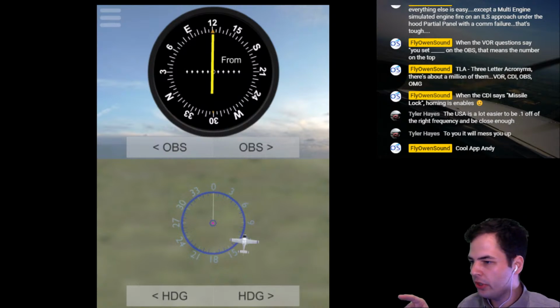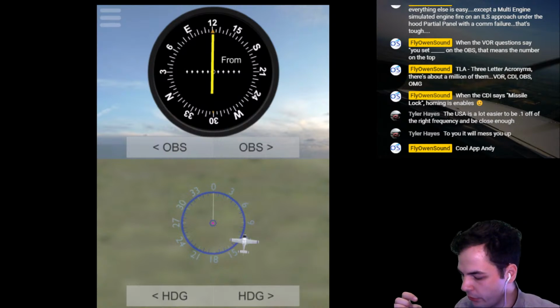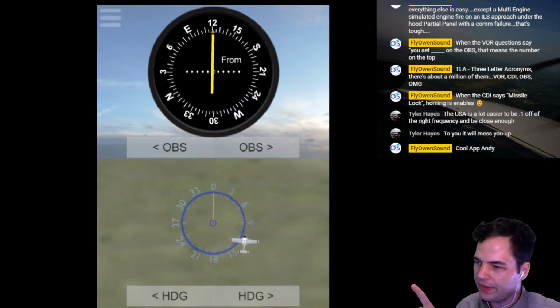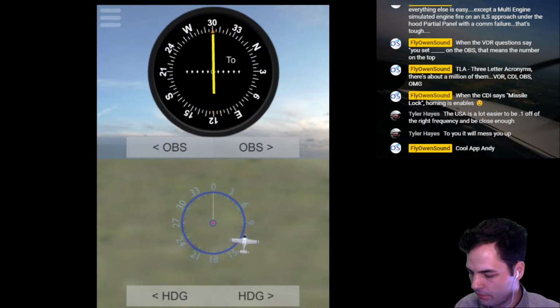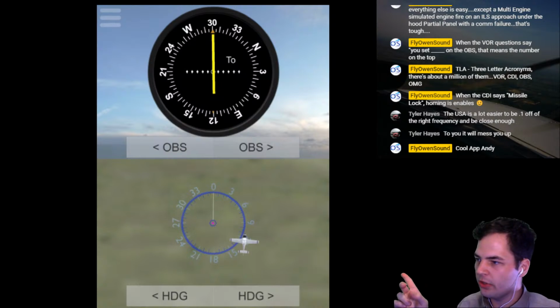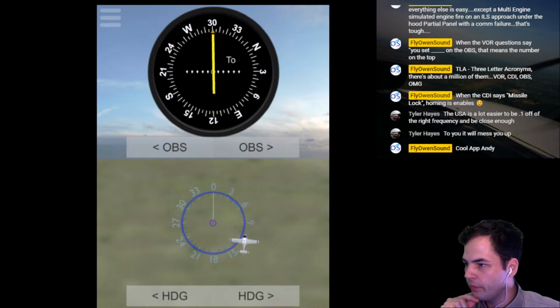It could also just have an arrow pointing down, which would be the same thing, the from arrow. I don't want that, because this setting would take me away from the VOR. So I'm going to keep going, flip it around until the needle centers again. And there we go. It's telling me 300 degrees is the heading to fly, basically.